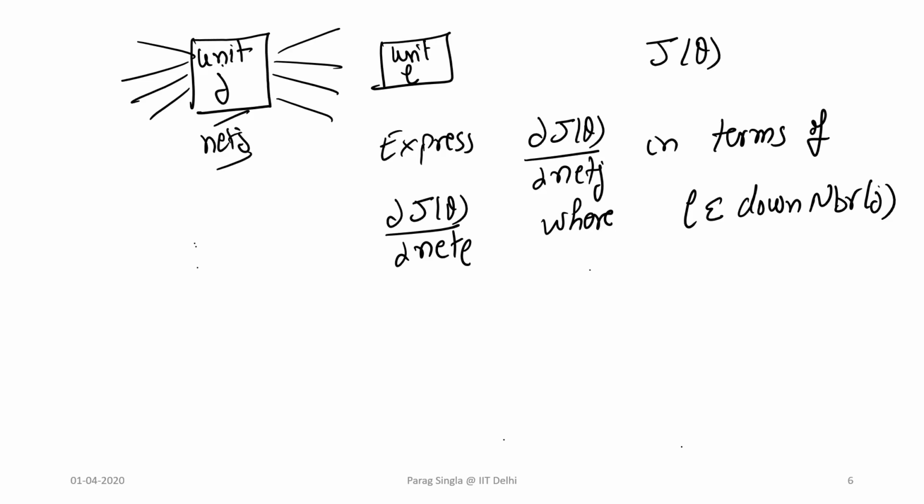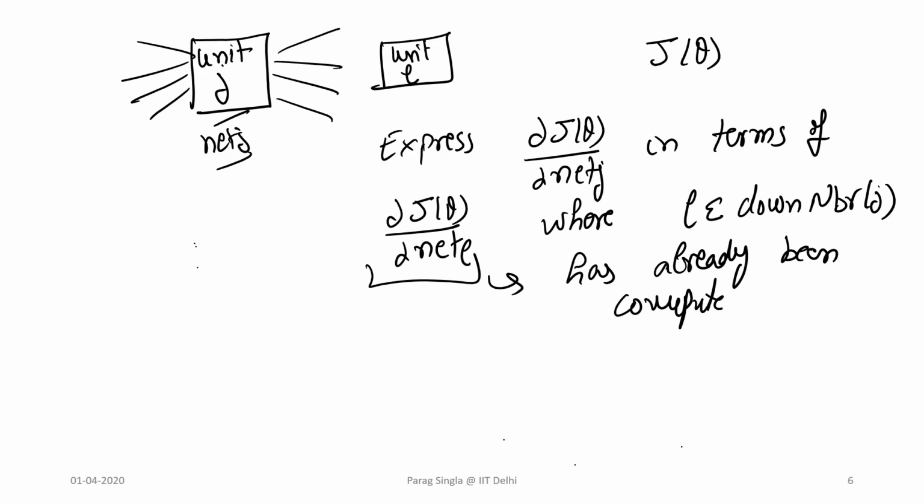This is the key idea. And now you see the intuition why it is called the backpropagation algorithm, because presumably this quantity has already been computed.